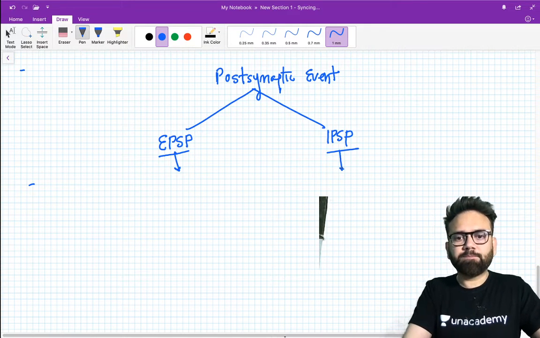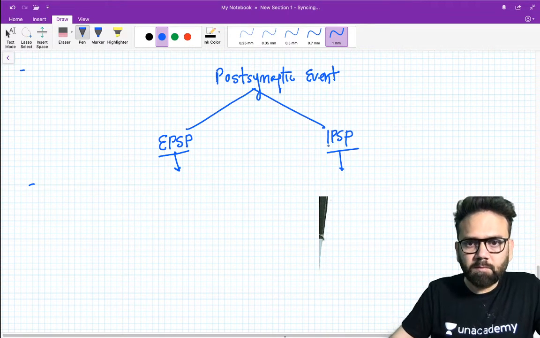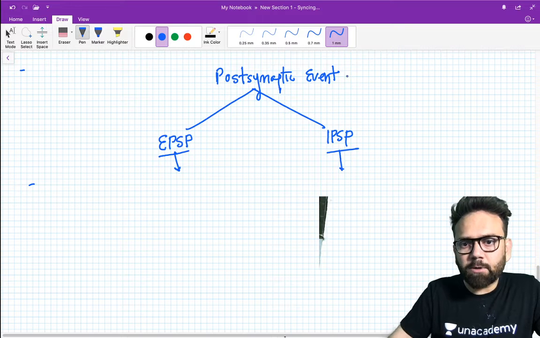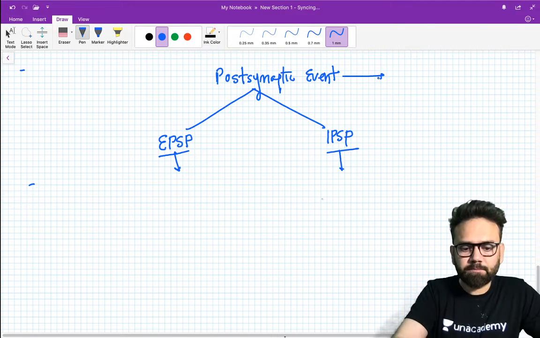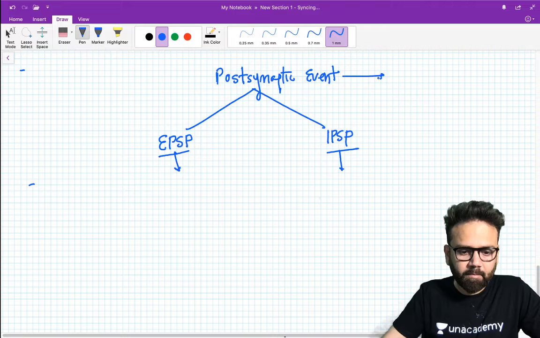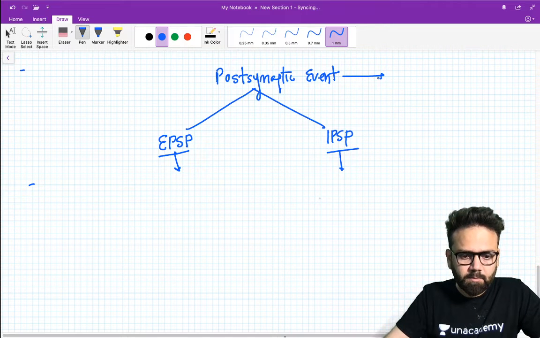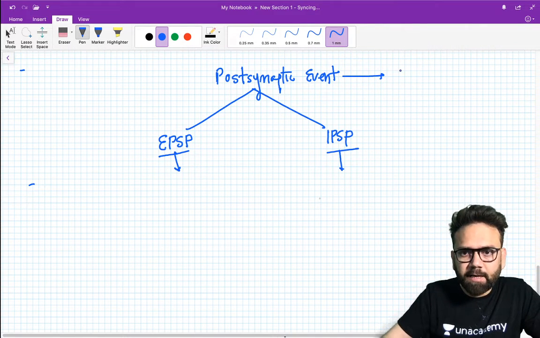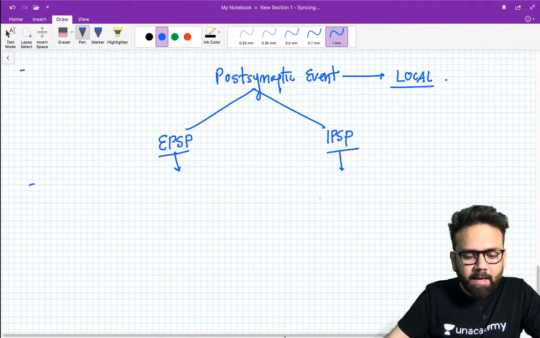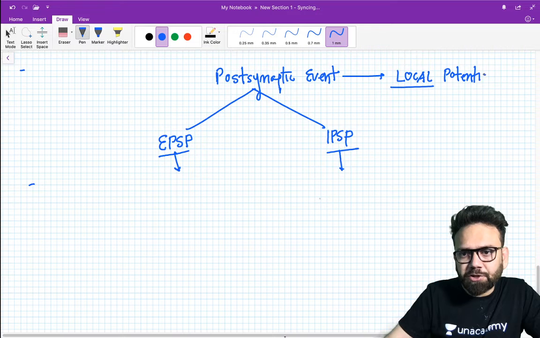Who will tell me? Are these both local potential or action potential? Is there any answer? Yes, very good. These two are local potential. So what do you think, can they obey the all-or-none law or not? Yes, local potential or graded potential.